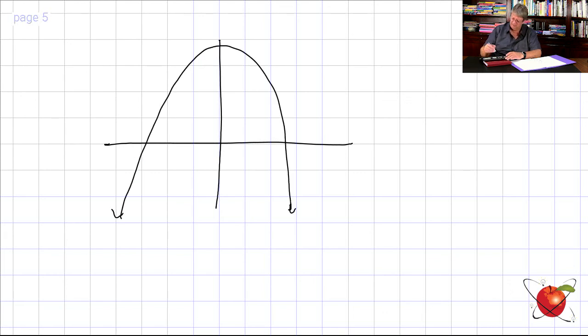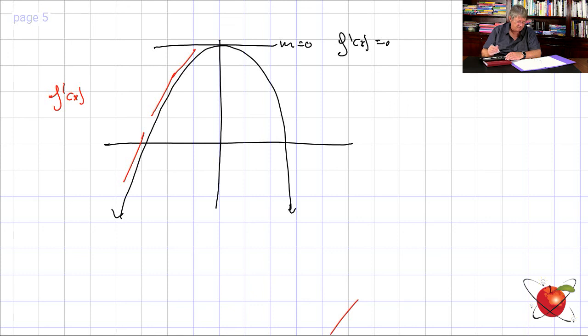I've made it easy. Over here, the m is 0, therefore the f prime of x must be 0. On the other side over here, you can see that f prime of x is going to be greater than 0. On this side, f prime of x is going to be less than 0.